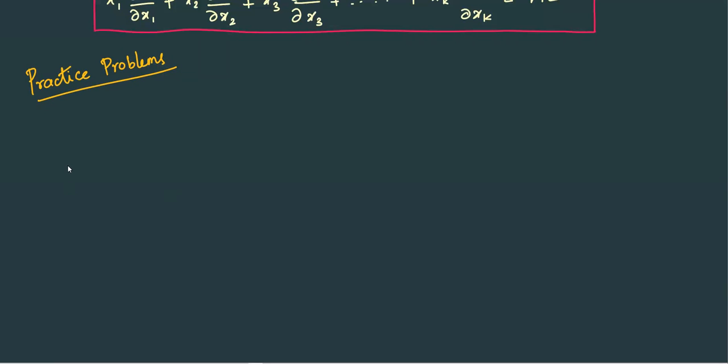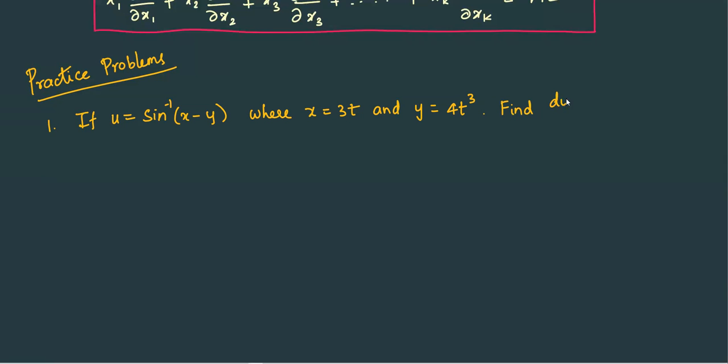All right. So if u is equal to sine inverse of x minus y, where x is equal to 3t and y is equal to 4t cube, find du by dt.